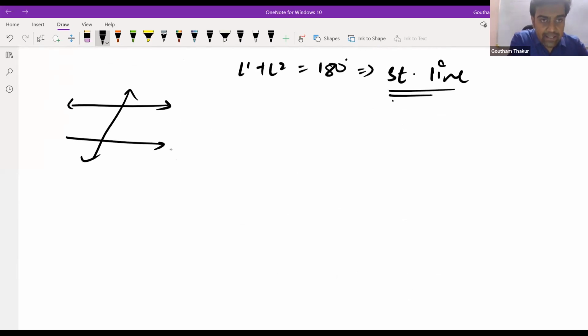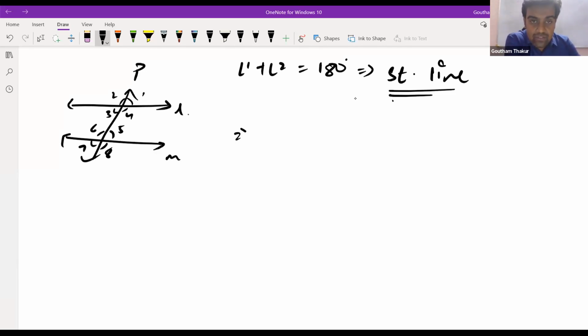In this, there are different types of angles that we'll be knowing, with lines L, M, and P, and angles 1 to 8.